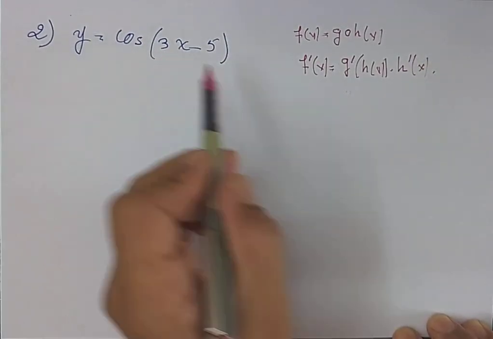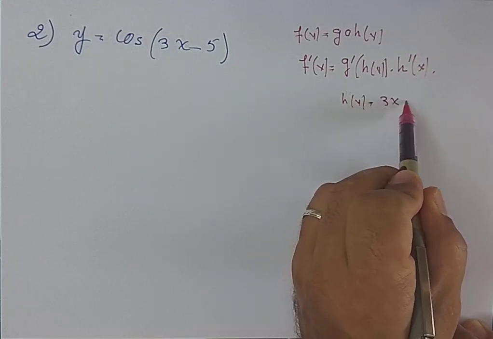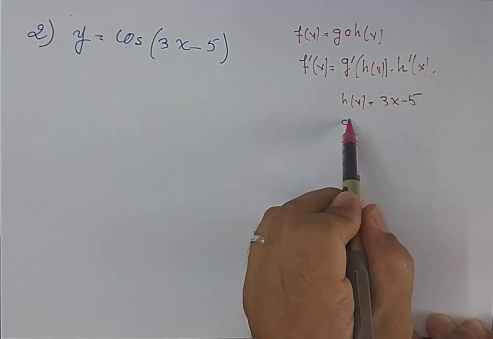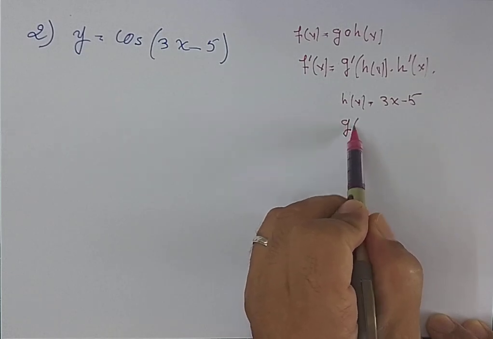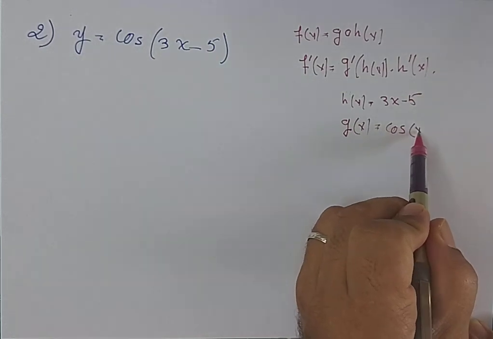So here h(x) equals 3x minus 5, and g(x) equals cosine x.